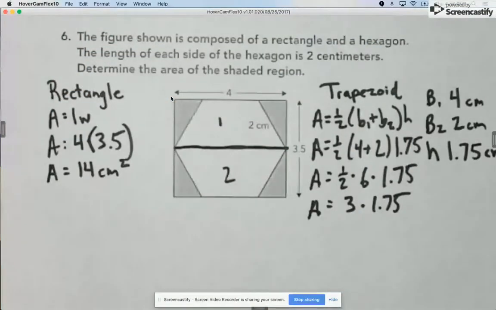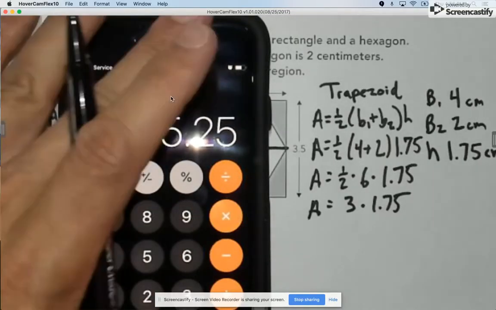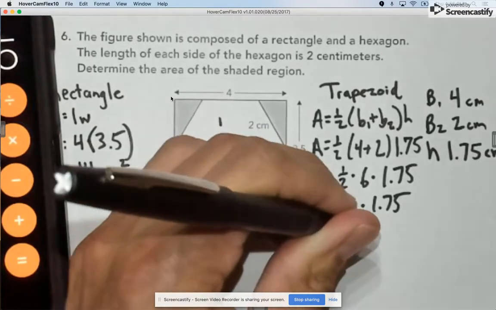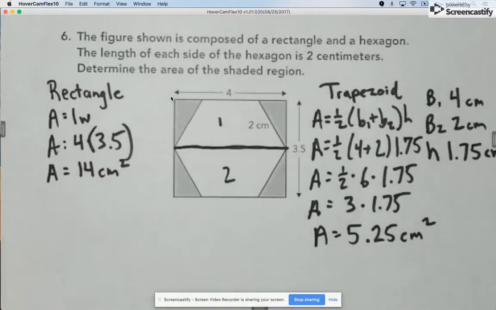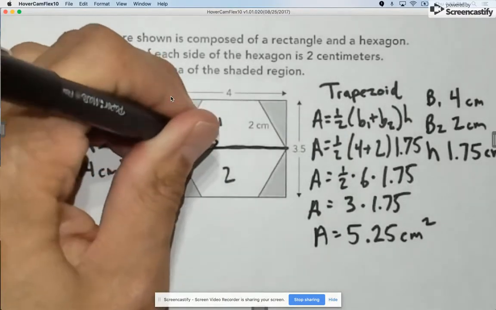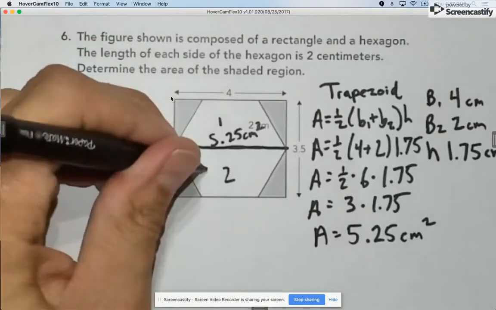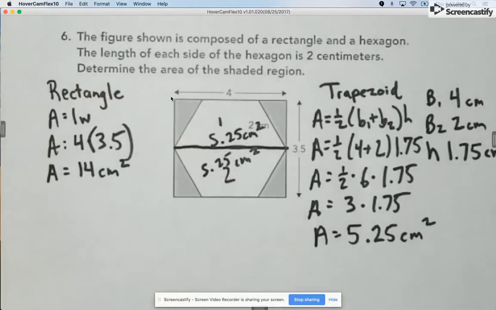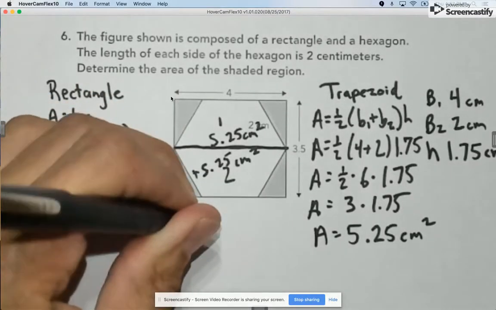And then we get 1.75 times 3 equals 5.25 centimeters squared. That is one of the trapezoid. The other trapezoid is 5.25 centimeters squared. So all together, if I add those together, I would get 10.5 centimeters squared.